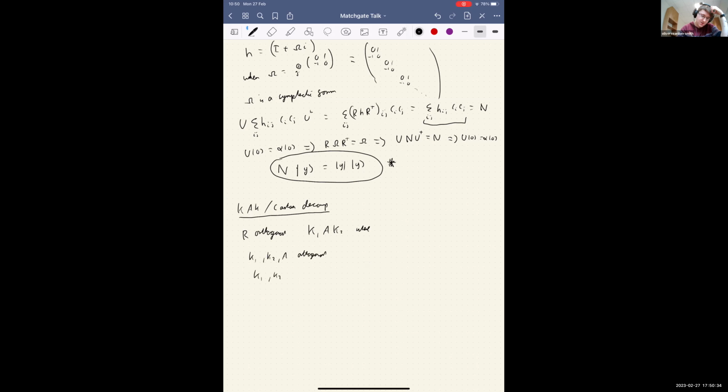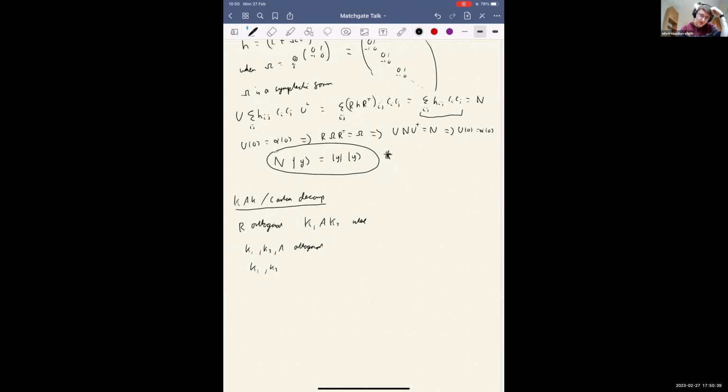K1 and K2 are also symplectic, so they have a property like this.